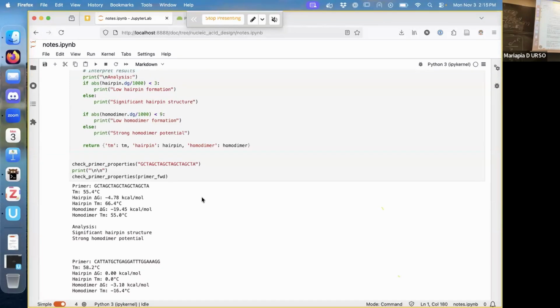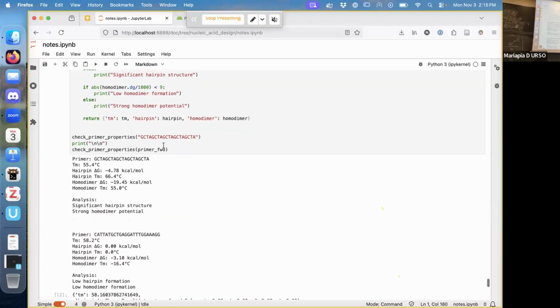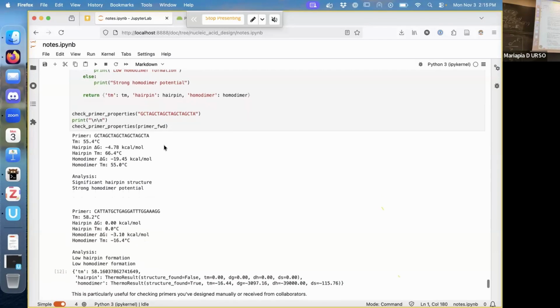If we take this, it binds to itself, really sticky. Also, the hairpin is a bit too harsh here. Of course, this primer is not a real primer. This is just a random DNA sequence.